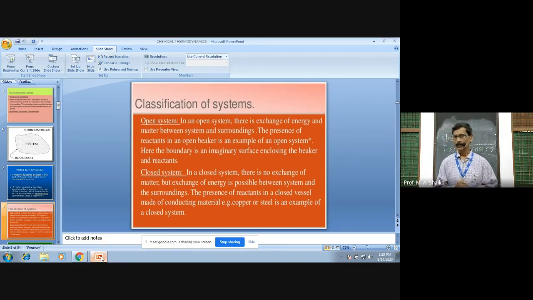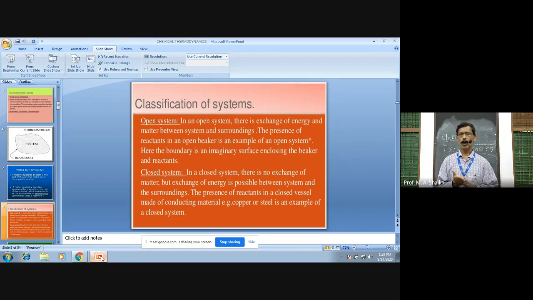First question is, what is an open system, or which system is called an open system? Listen, a system which can exchange both energy as well as matter with its surroundings is called an open system. जो सिस्टम अपने सराउंडिंग के साथ एनर्जी और मैटर दोनों का एक्सचेंज कर सकती है, वो सिस्टम है ओपन सिस्टम.